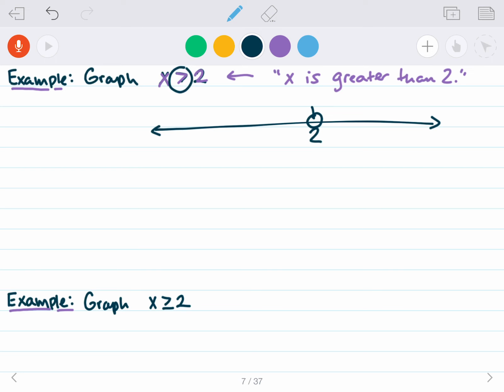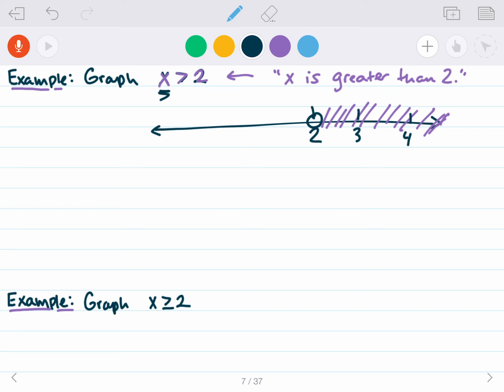And I want everything to the right of 2 because that indicates numbers that are bigger than 2, all the way to infinity. So like 3 would be included in that set. 4 would be included in that set. 1,000,000 would be included in that set. Right? So that's that. And you can test values too, right?